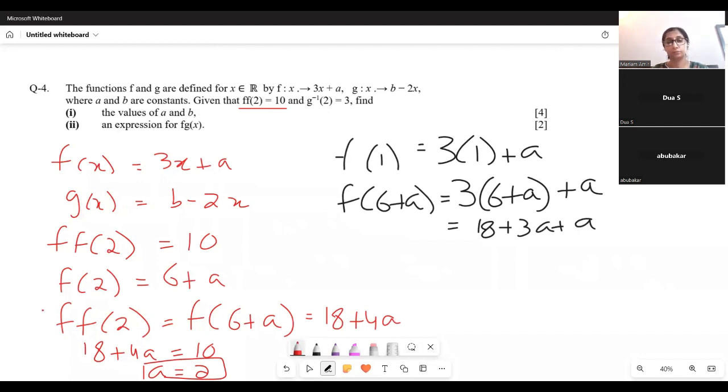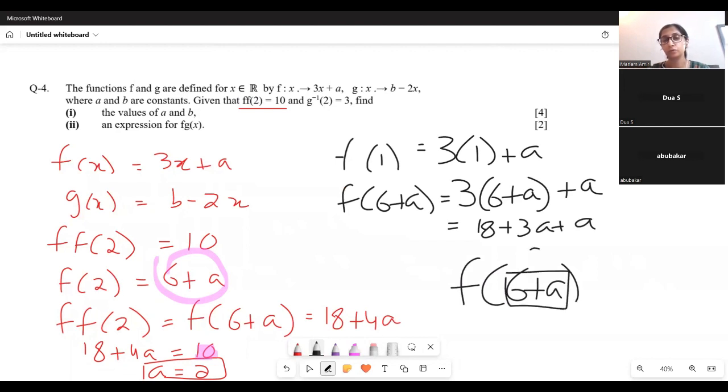Can you explain that again? Why is it equal to 10? That part. ff2: first you have to find f2, which is 6 plus a. Then you have to find f of 6 plus a, because this is f2. Then you go to the function f(x) and in place of x you write 6 plus a.